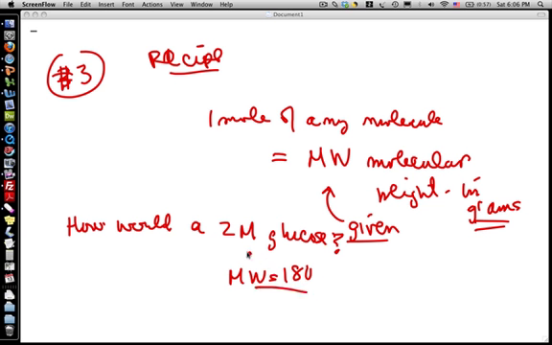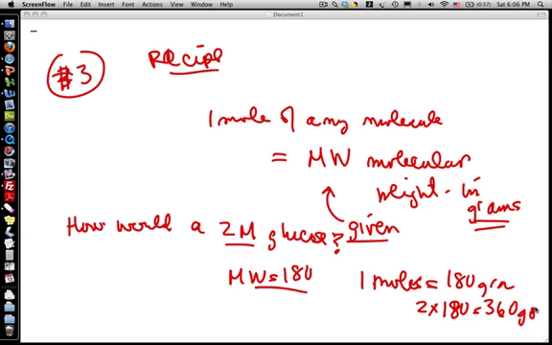Well, you need 2 moles, and 1 mole equals 180 grams. So to make a 2 molar solution, what you could do is weigh out 2 times 180, or 360 grams.